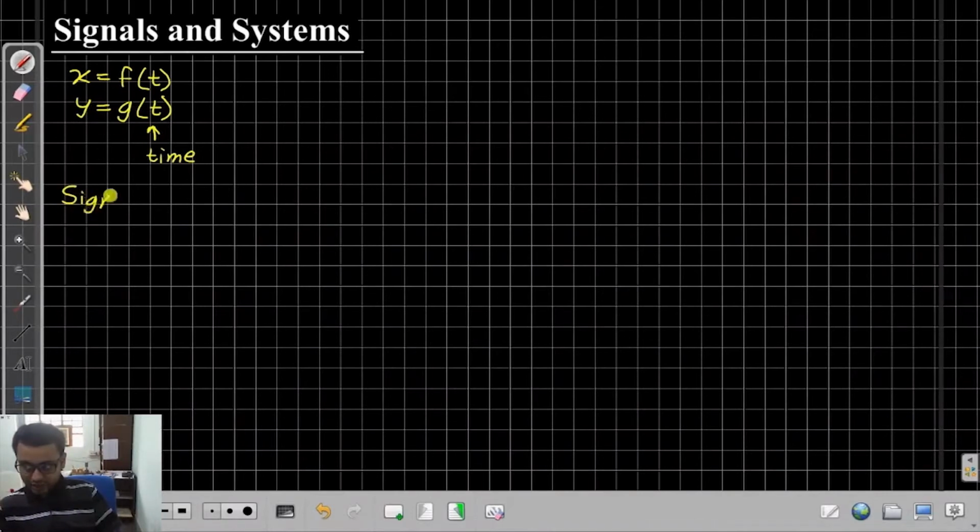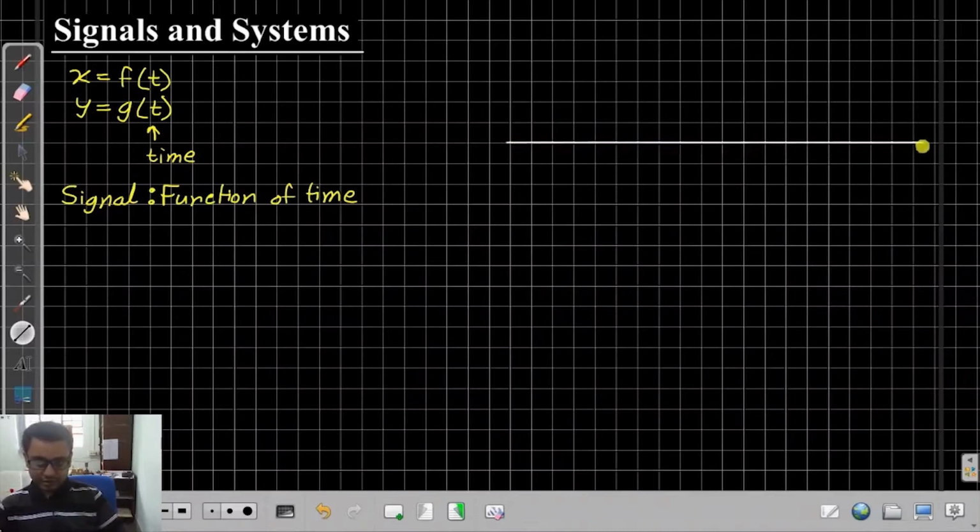So signal is synonymous to function of time. Now such functions or any function can be drawn like a graph, time versus amplitude.